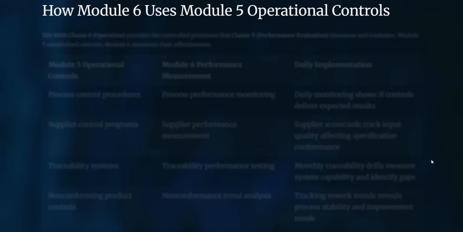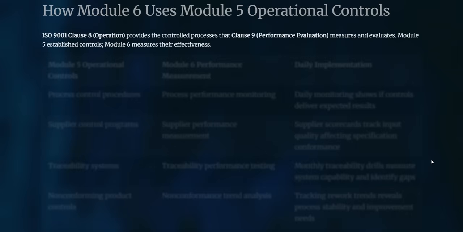How Module 6 uses Module 5 operations control. First, ISO 9001 Clause 8 operations provides the control processes that Clause 9, the topic of today, performance evaluation, measures and evaluates. Module 5 established the controls, but Module 6 of today measures their effectiveness.